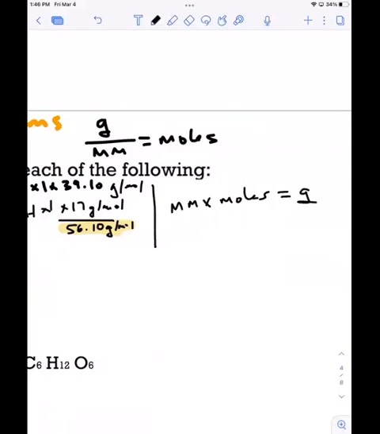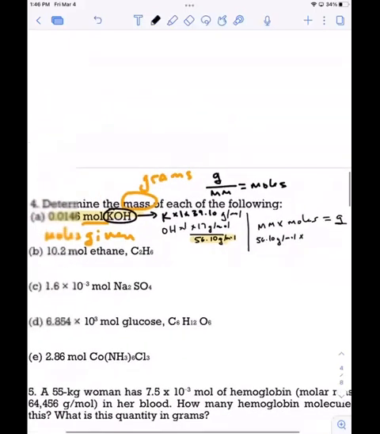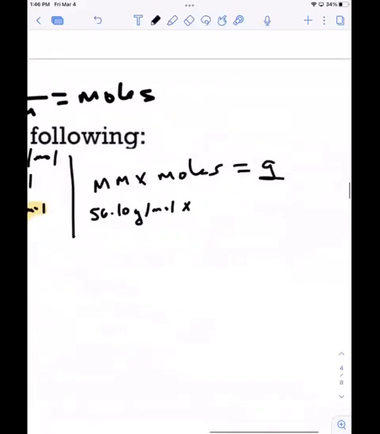So we got the molar mass, 56.10 grams per mole. And we're going to multiply that by 0.0146 moles. Moles are going to cancel, and we're left with grams. What's that number? Anybody got it?